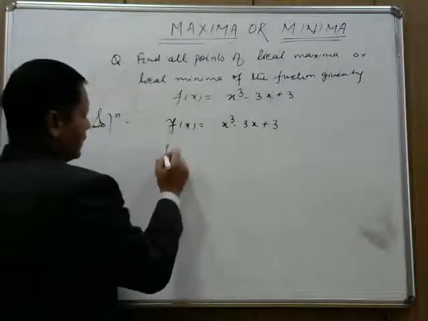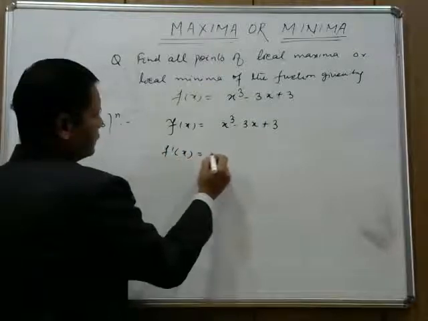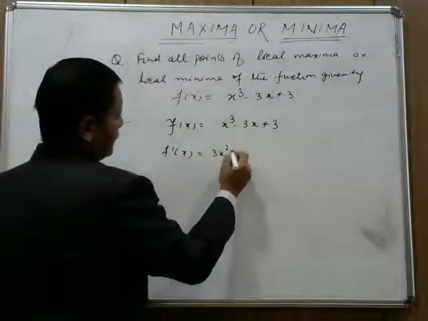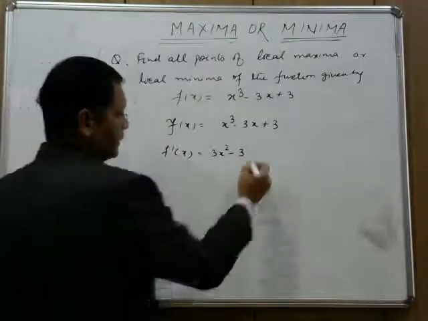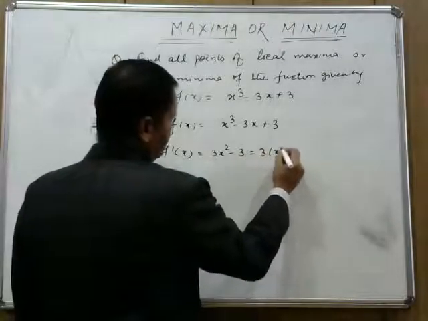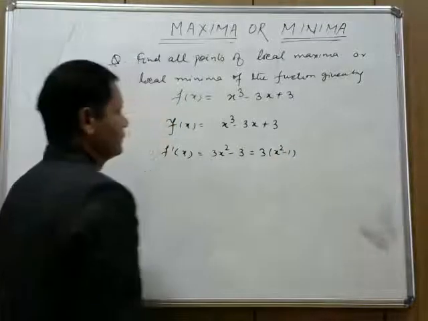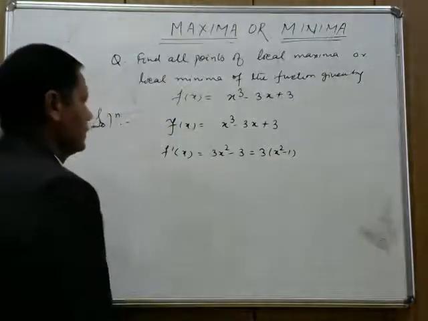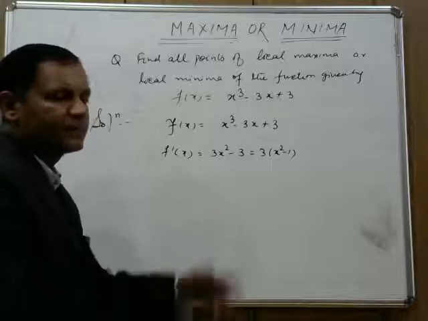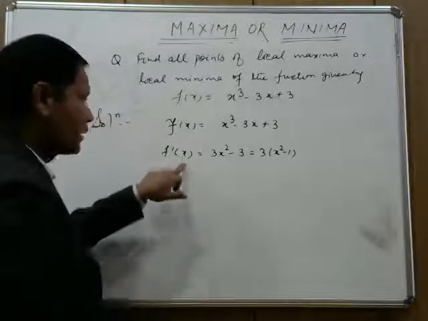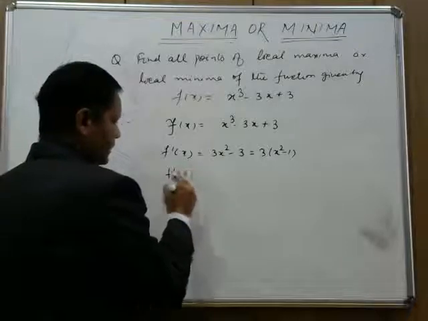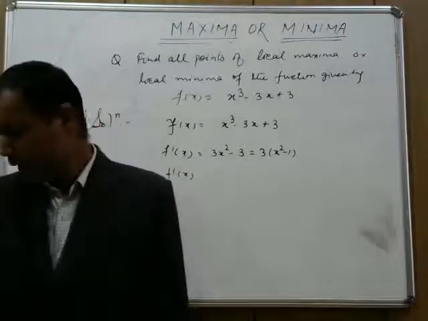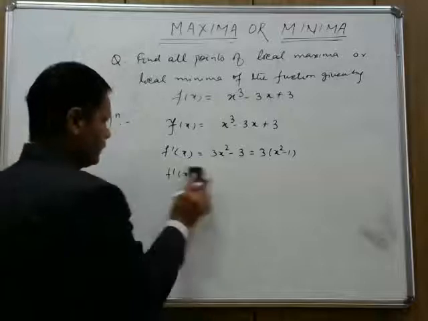By differentiation, we get f dash of x is equal to 3x square minus 3, which I can write as 3 times x square minus 1. Now, check out all the extreme points where this becomes 0. That means put f dash of x equal to 0 to find the critical points.